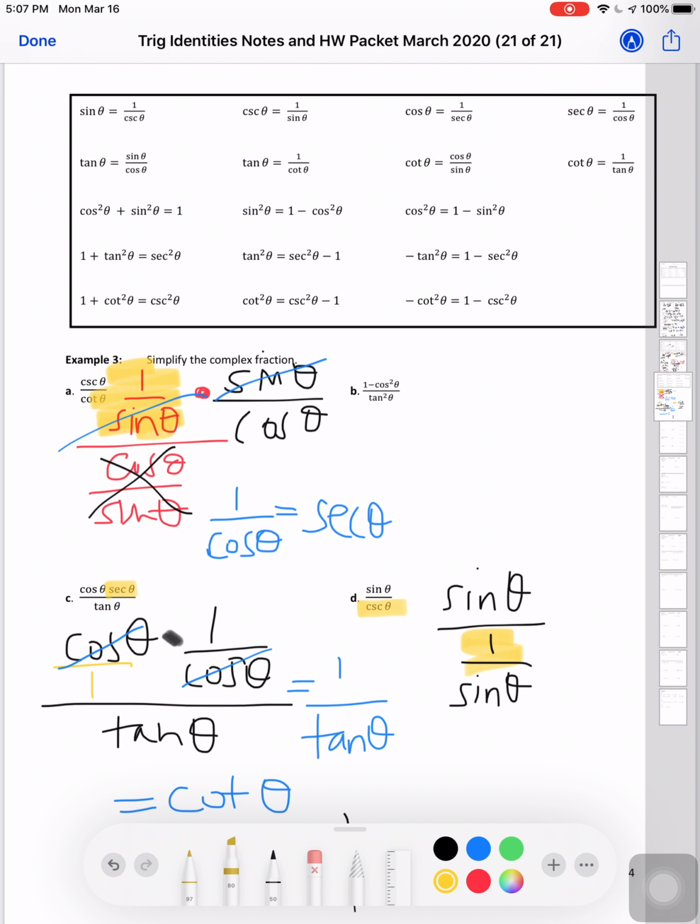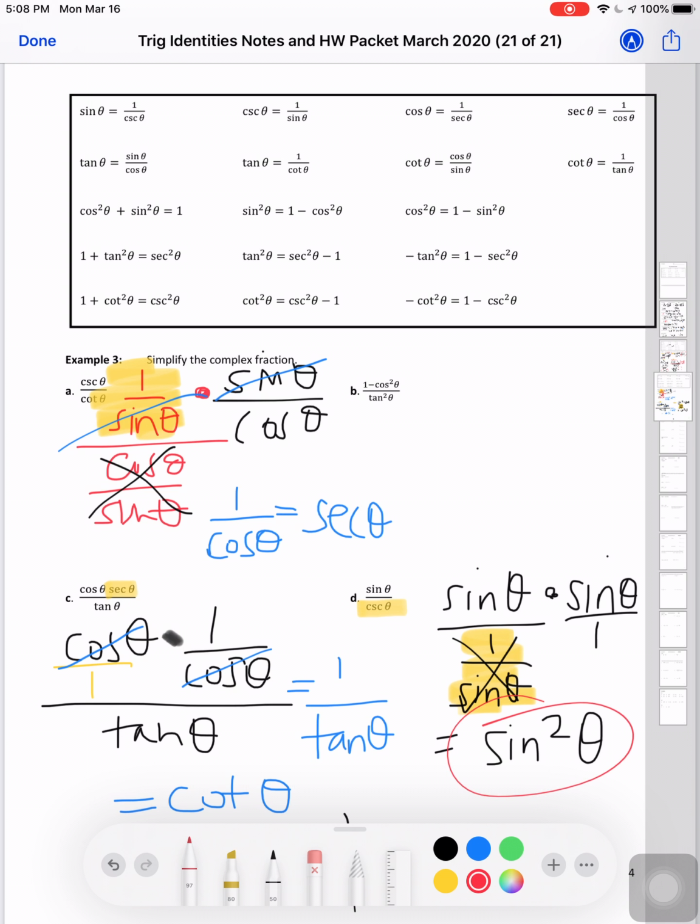We're going to take this one and flip it and multiply. So that will become times sine of theta over 1. And then when we multiply straight across, that is sine squared theta. And so that's how we're going to do that.